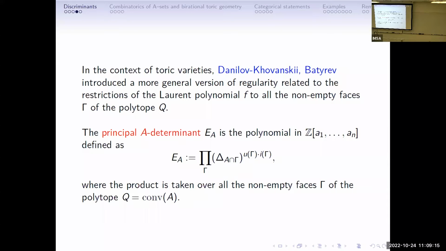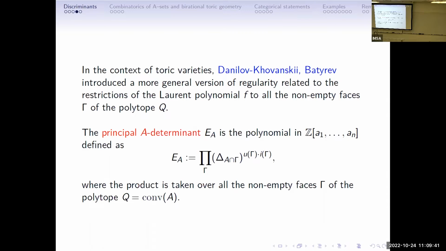One observation here, as it turns out: in fact, the only interesting factors in this, interesting in the sense that the other ones are 1, are those when A intersected with gamma doesn't generate a basis of the lattice, of the restriction of the lattice to the face.